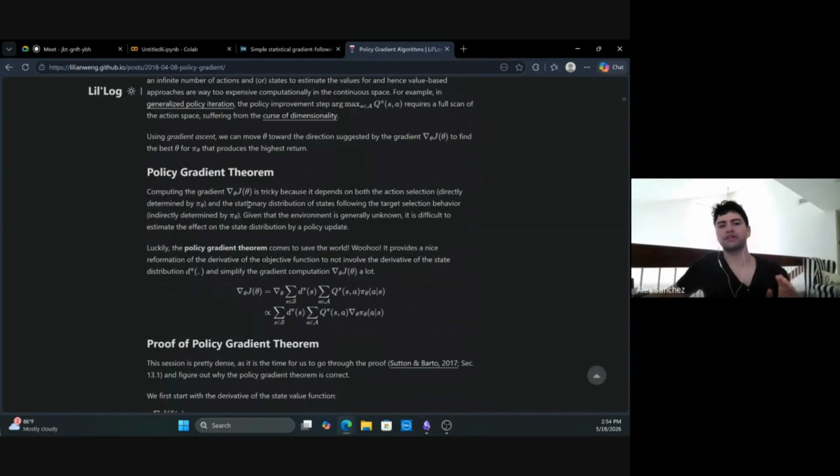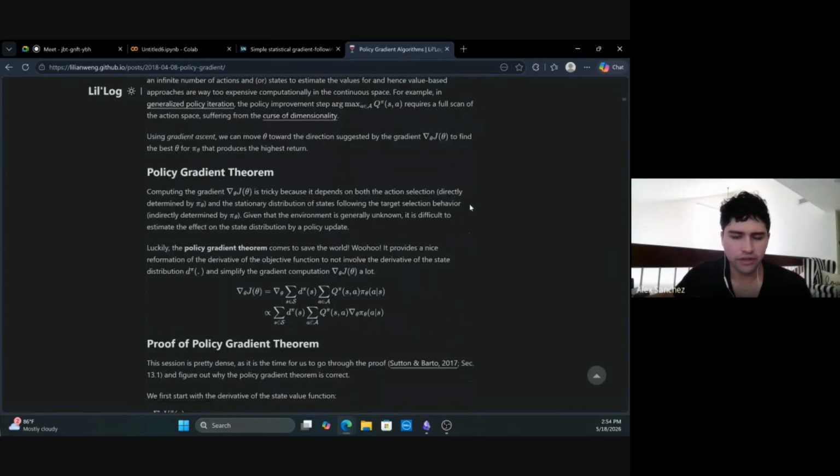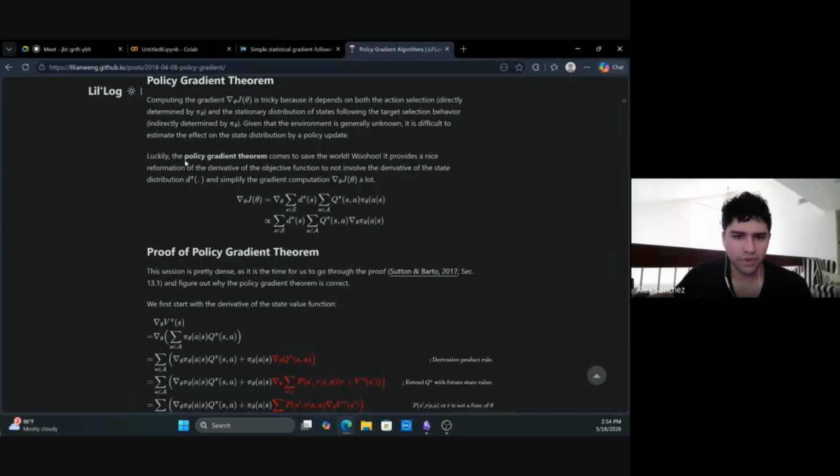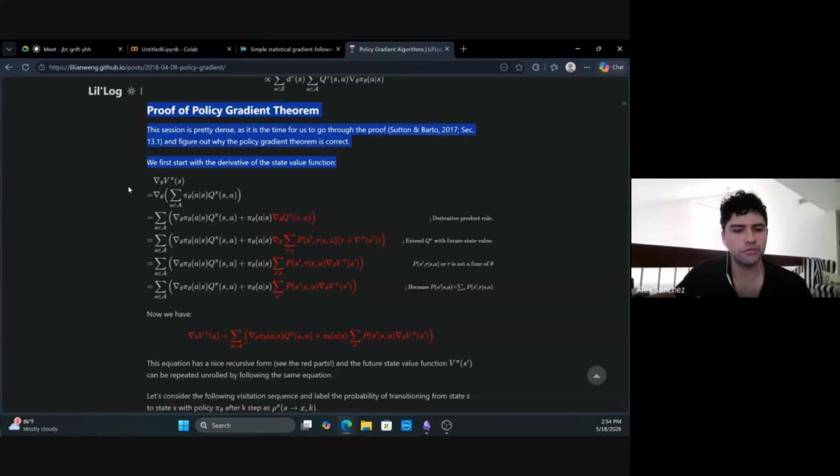REINFORCE is a policy gradient algorithm. You can read more about this, the proof of the theorem and everything.